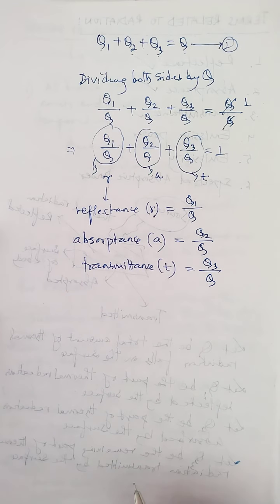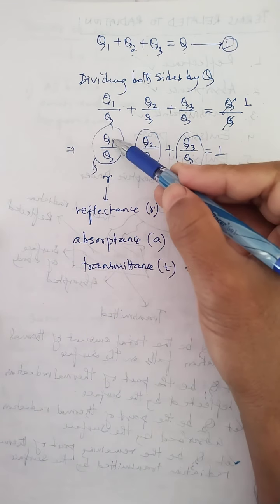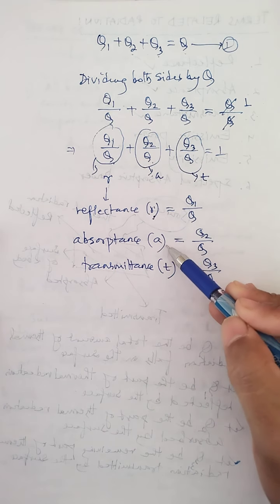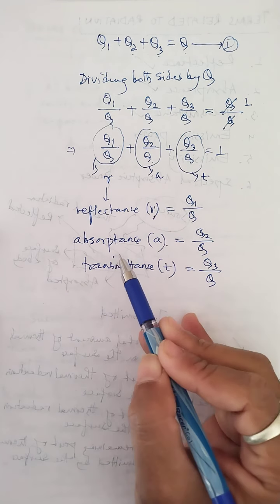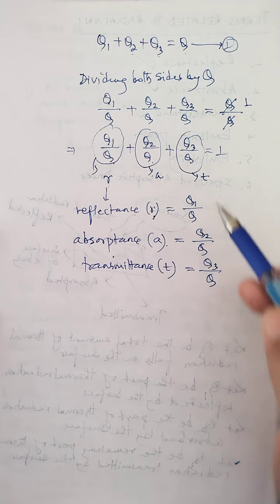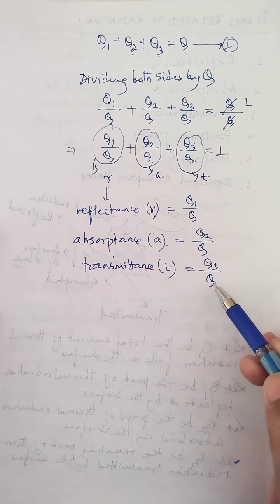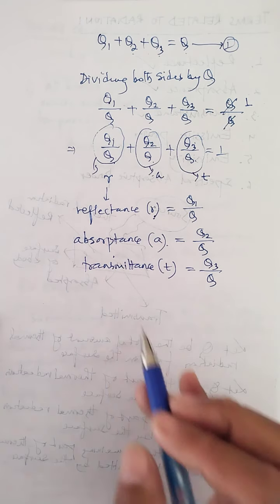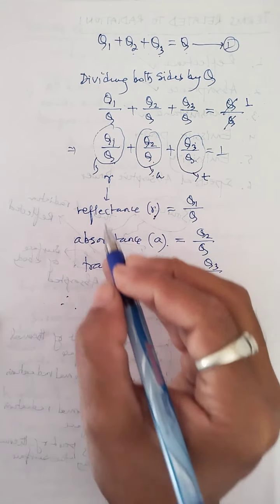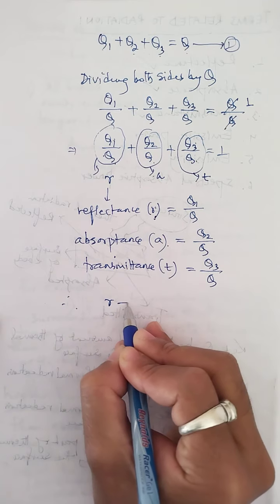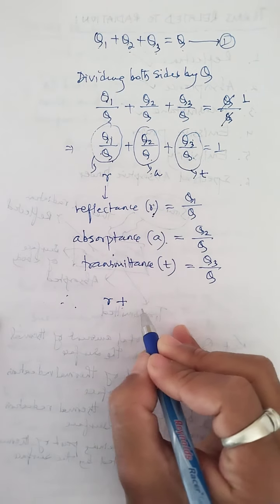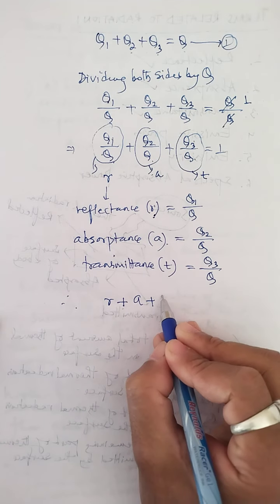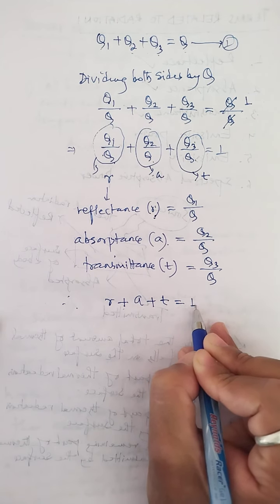So in the relation, Q1 by Q is called R, reflectance; Q2 by Q is called A, absorptance, and sometimes this is also called absorptive power; and Q3 by Q is called transmittance. So for the surface, I write down the relation now: R plus A plus T equals 1.